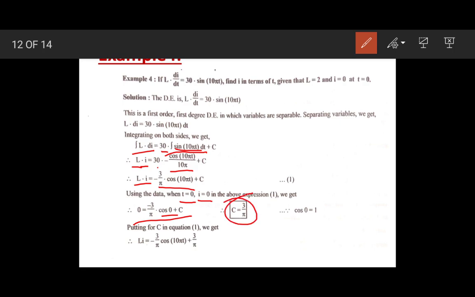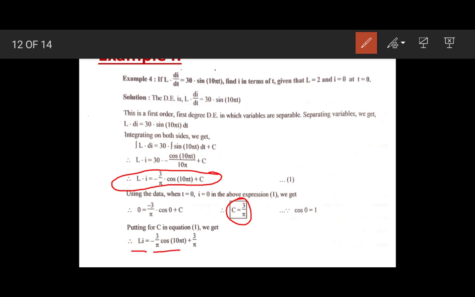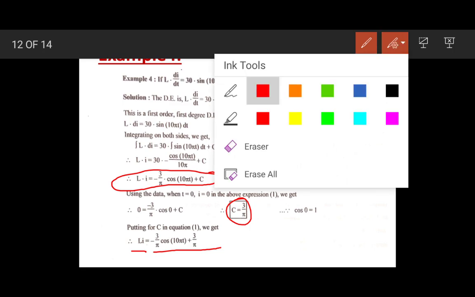So when we put this c in equation 1, c is 3 upon pi, and we are going to substitute this c in the general solution. So in this we substitute c. So we get L into I is equal to minus 3 upon pi cos 10 pi t plus 3 upon pi.